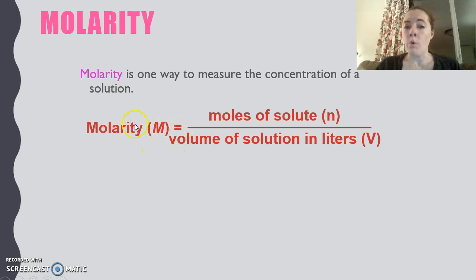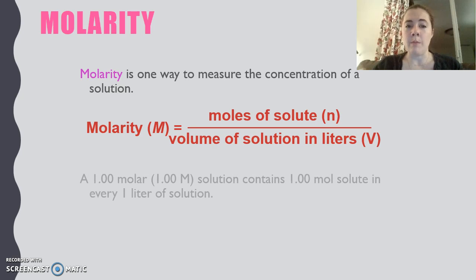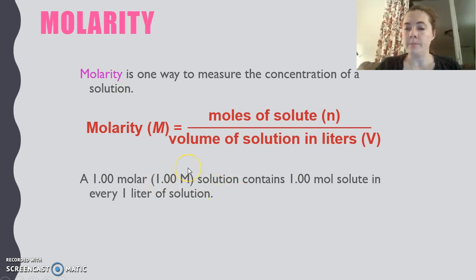Molarity is always a big M, so when you report your units for molarity, it is moles divided by liters, but you just shorten moles divided by liters to M. If you have questions about that, feel free to ask me when we get back. So a 1 molar solution contains 1 mole of solute per liter. So 1 mole per liter, or 1 molar with a big M.